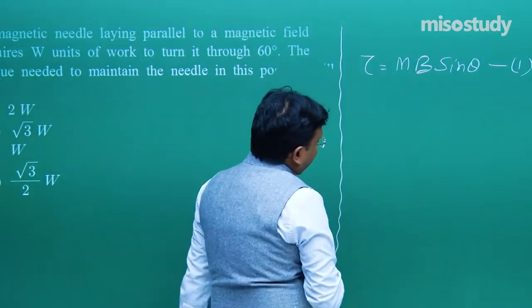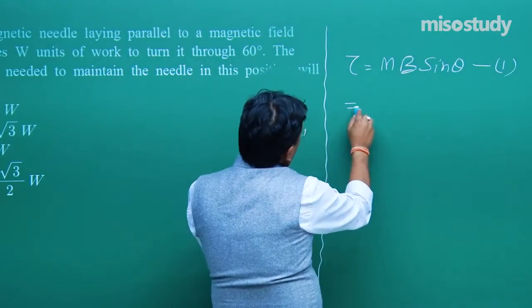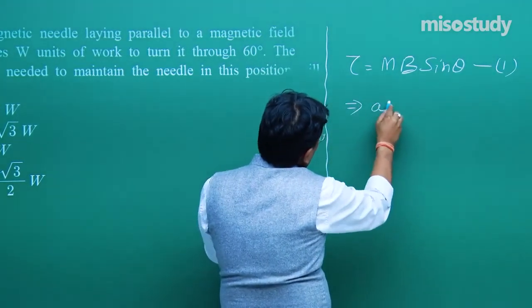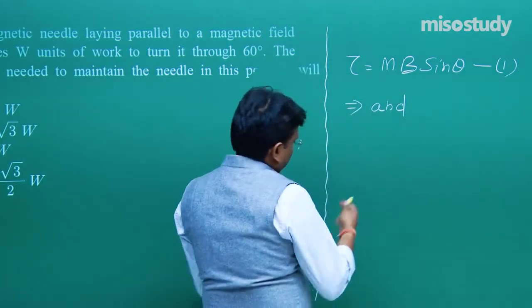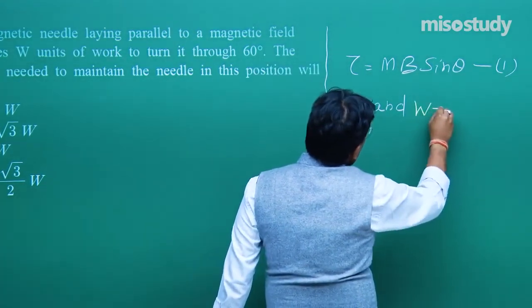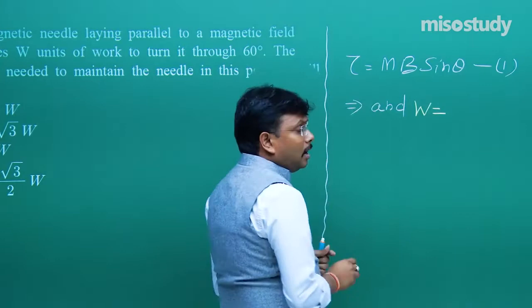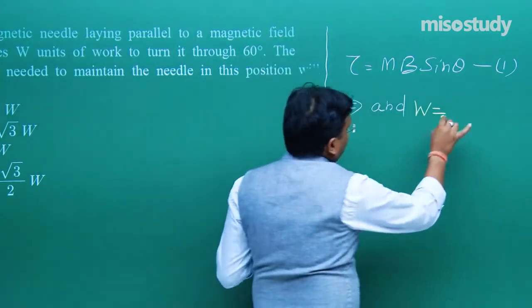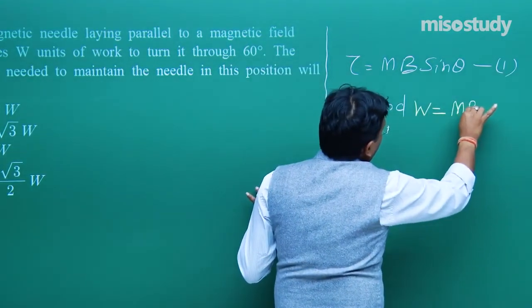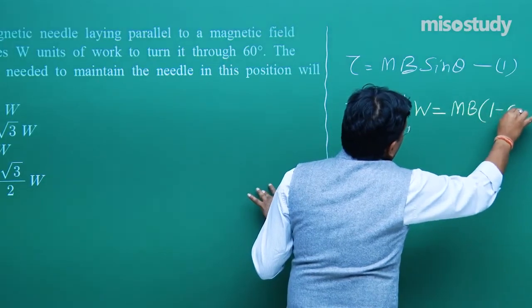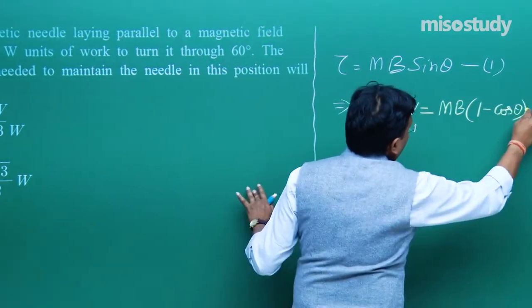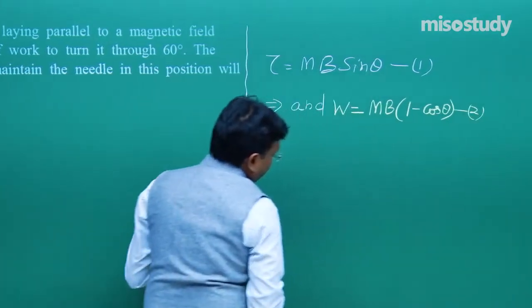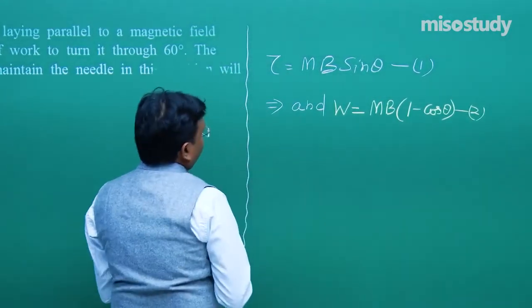Next I can say W is equal to mB (1 minus cos theta). So you have these two relations, equation number 1 and equation number 2.